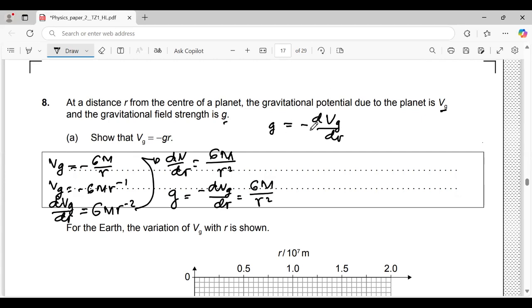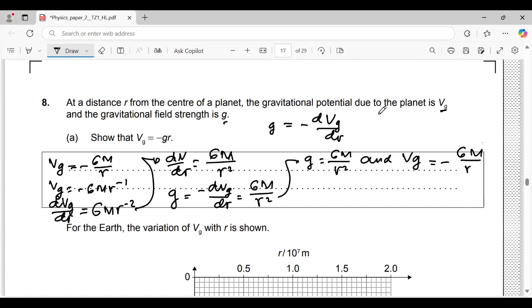So the relationship between g and Vg is confirmed. To find Vg in terms of g, we can rearrange. g equals GM over r squared, and Vg equals minus GM over r.